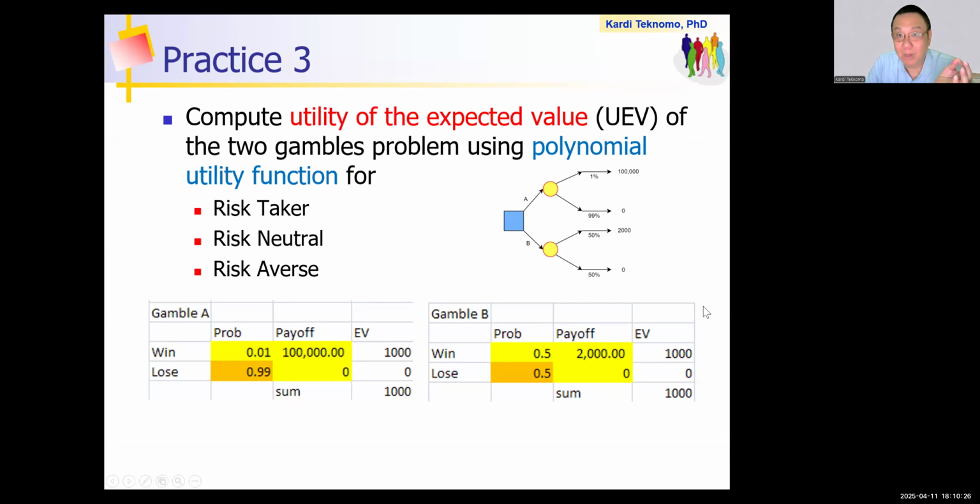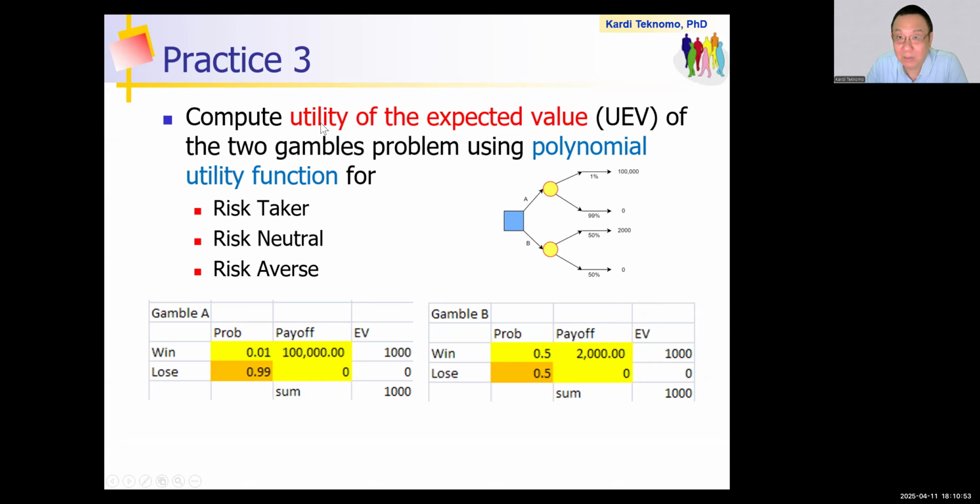How are we going to compute utility of the expected value? So we have two Campbell's problem a while ago, this one. And let's use polynomial utility function for risk taker, risk neutral, and risk averse. So this is the two Campbell's problem a while ago.